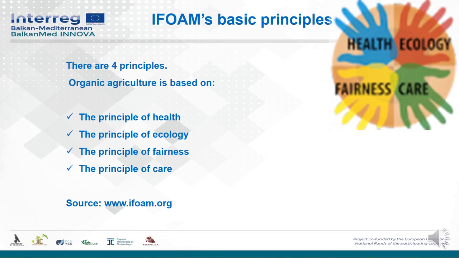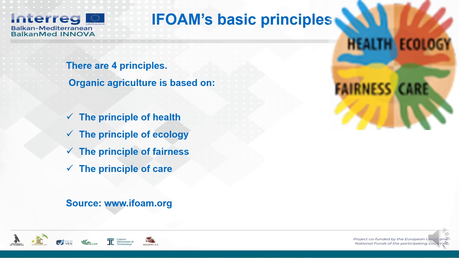In fact, to do organic agriculture, first we have to respect some basic principles. There are four important principles fixed in the organic agriculture movement in order to have a healthy system.